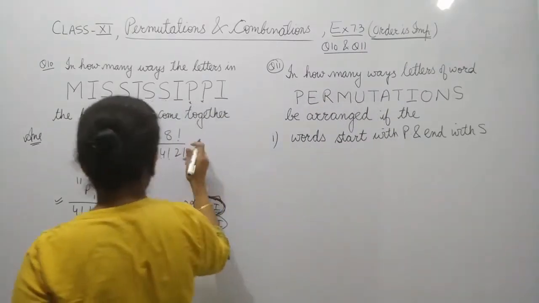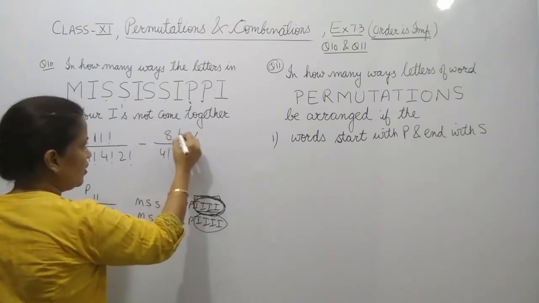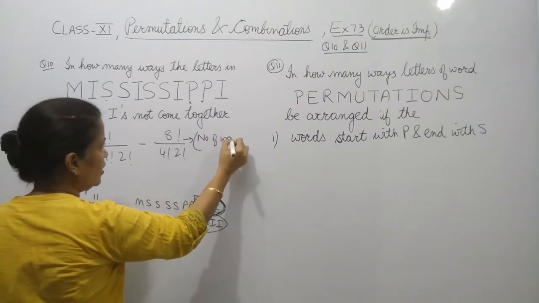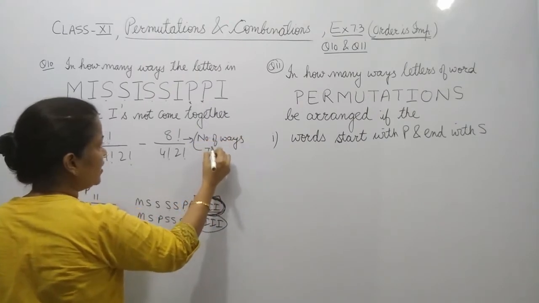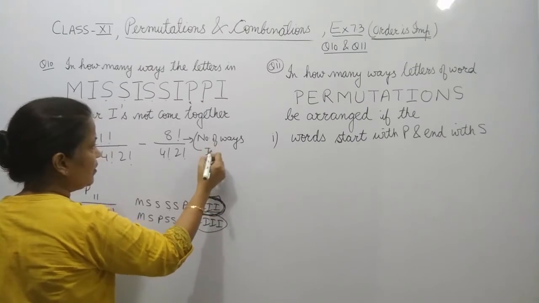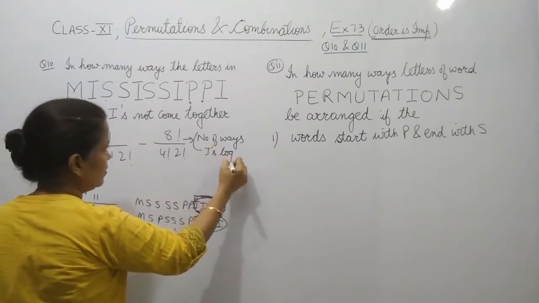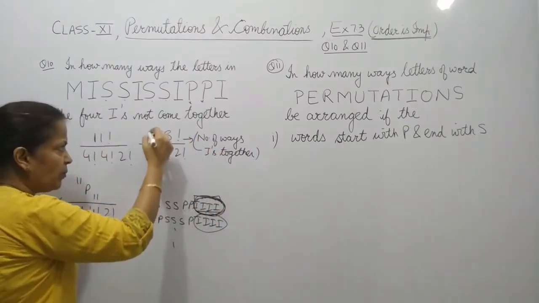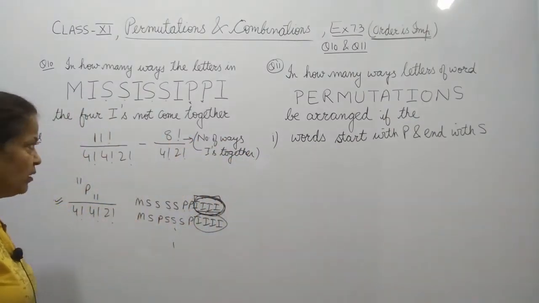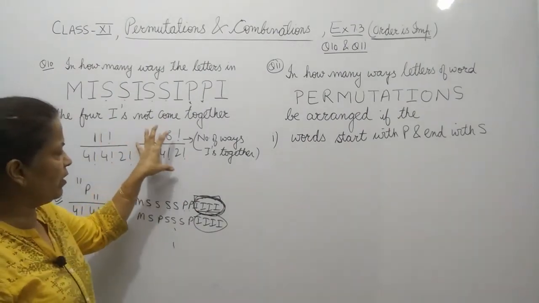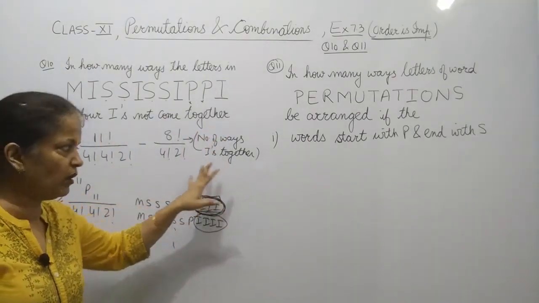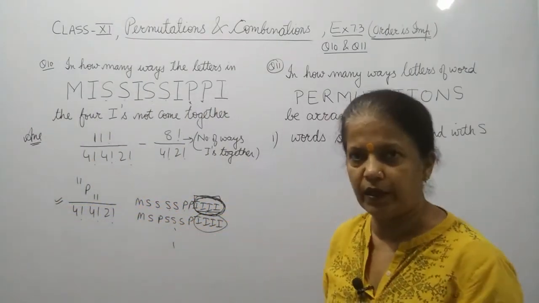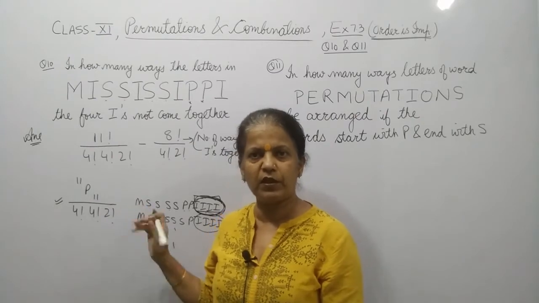So this one is the number of ways in which I's are together. From the total ways we subtract the number of ways in which I's are together, and then you can solve to get the final answer. I hope this concept is clear to all of you.